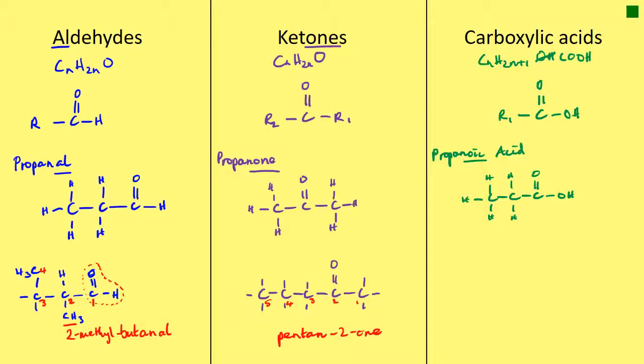All right, and in the same way as we did before, let's draw a diagram and then name it. So again we're going to have 3 carbons in a chain, and yet this time we're going to have a hydroxyl group, an acid group.